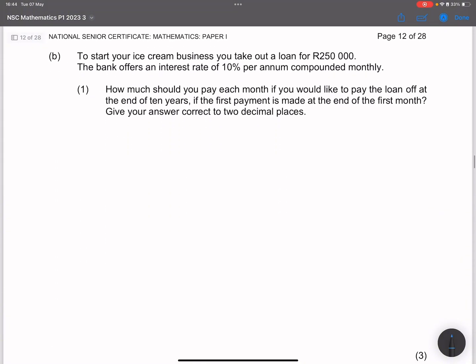They say to us, to start your ice cream business, you take out a loan of 250,000. The bank offers an interest of 10% per annum compounded monthly. How much should you pay each month if you would like to pay off the loan at the end of 10 years? If the first payment is made at the end of the first month, give your answer correct to 2 decimal places.